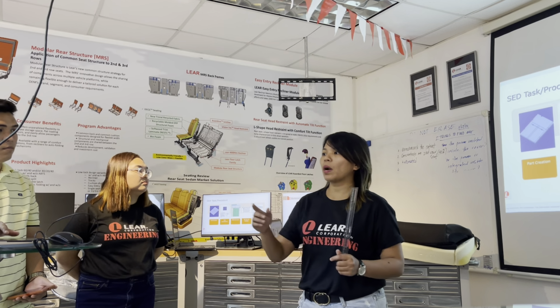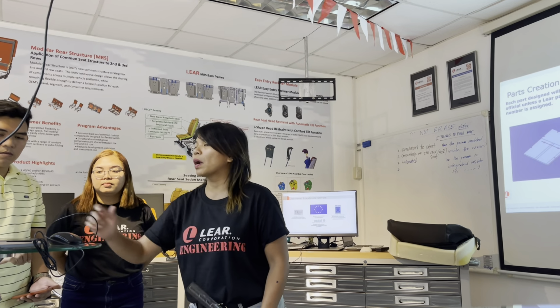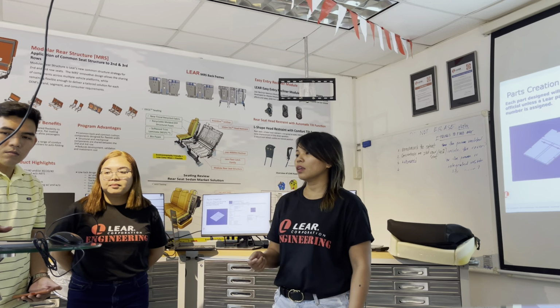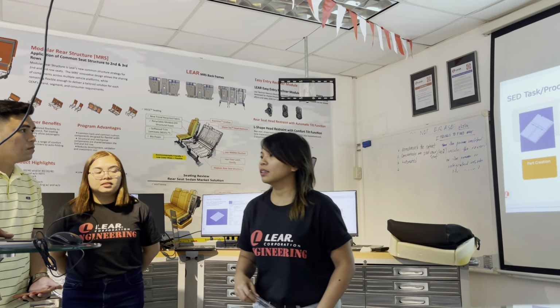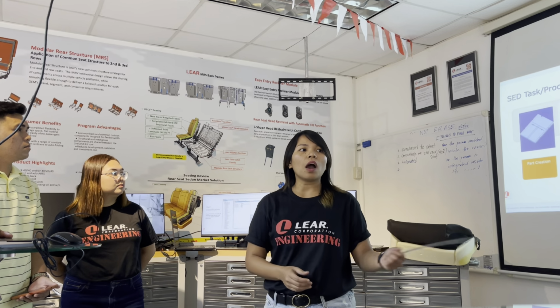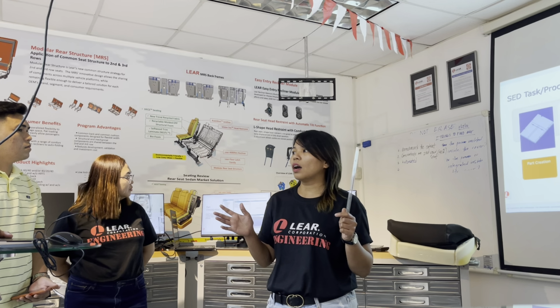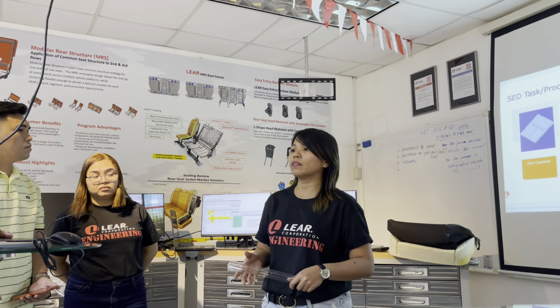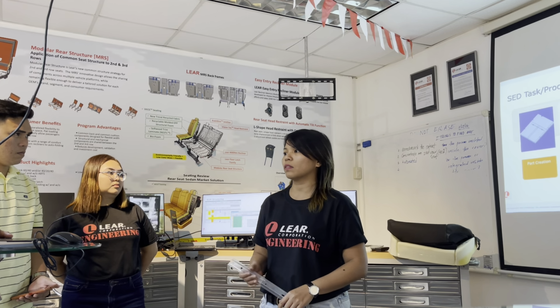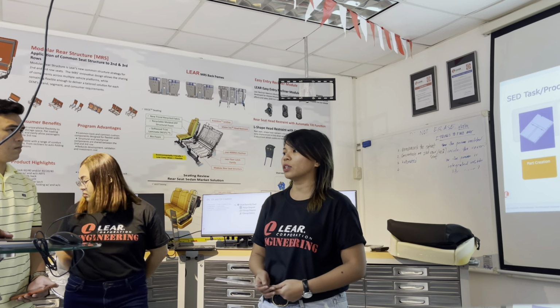From part creation to part classification, and then we also have BOM structuring. So we're just minding about the accuracy of the structure of the parts. We will have our BOM structure, and then DR, design request, CR, CN creation.